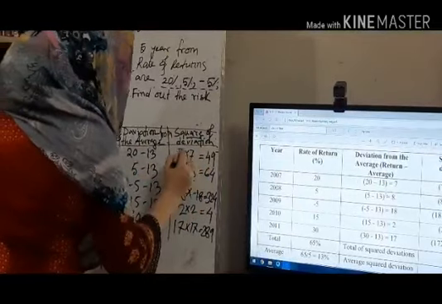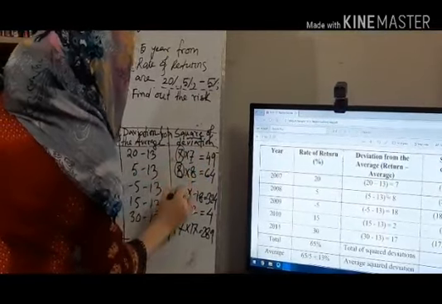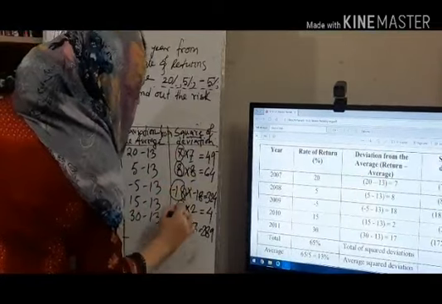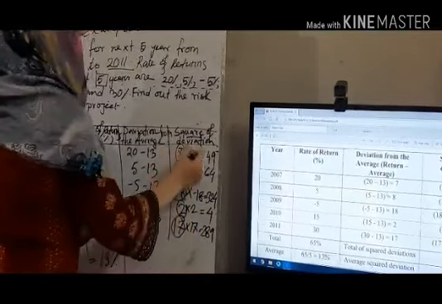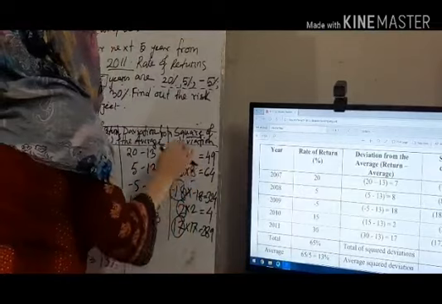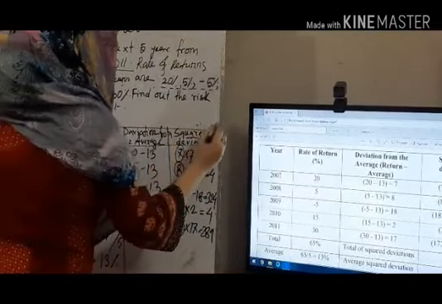All these are the squares of deviations. All these are the deviations, and when we multiply by the same number, we make it the square of deviations.